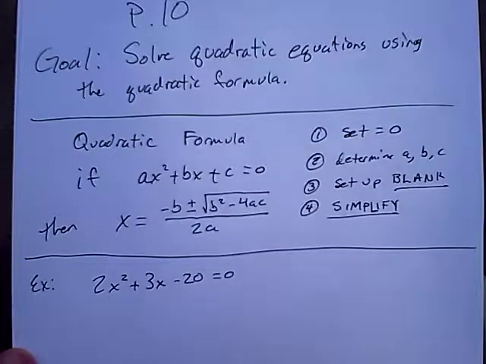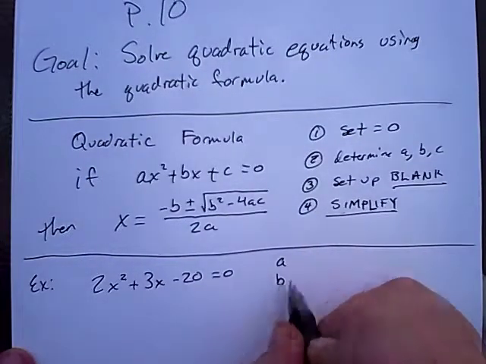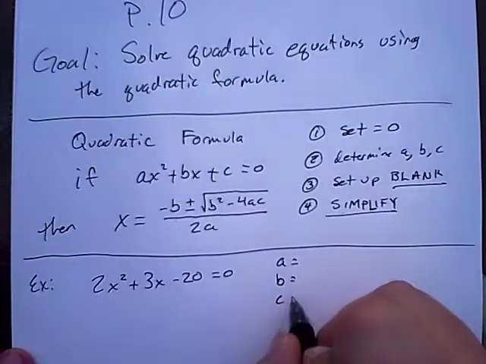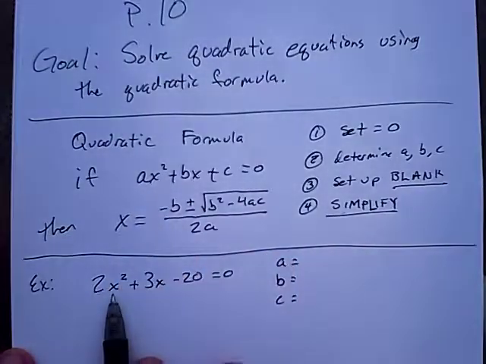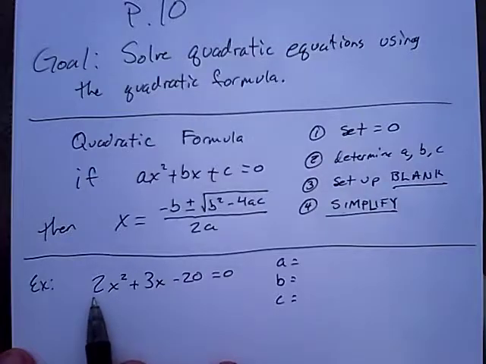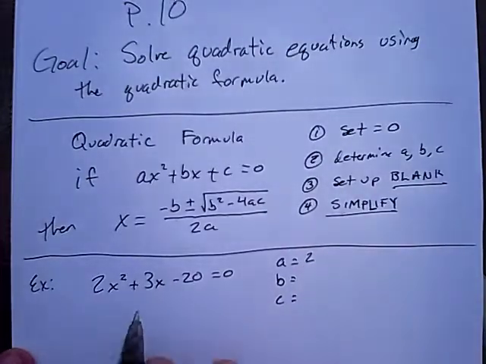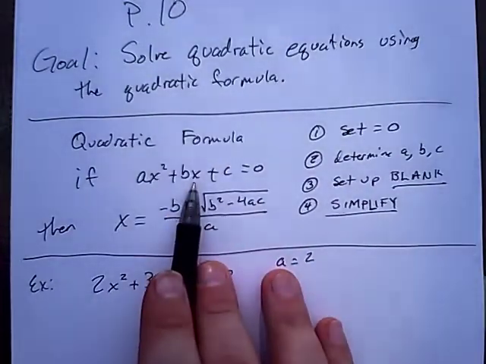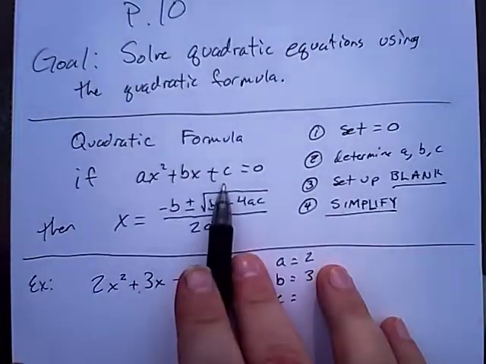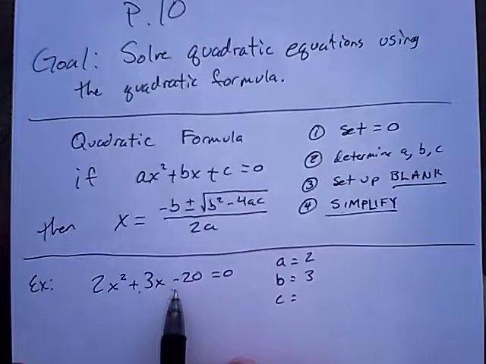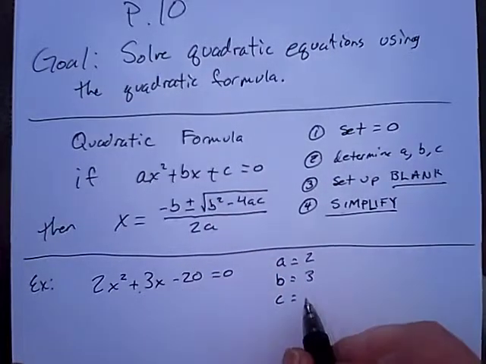Now I want to determine what A, B, and C are, so I'm going to go to the side and write A, B, and C. A is always the number in front of x squared, which here is 2. So my A value is 2. B is the number in front of x, and in this instance that is a positive 3. And C is the number by itself, and for this example it's negative 20.